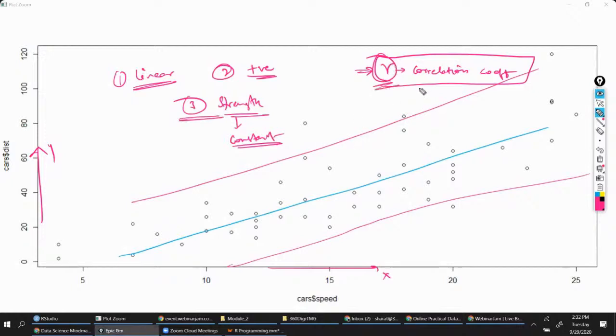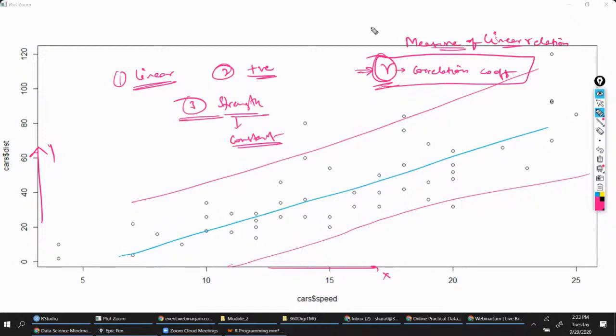But interpretation of this calculation is very, very important. This is the measure of the relationship between 2 variables, and it talks about linear relationship. Remember, it is a measure of linear relationship between variables.